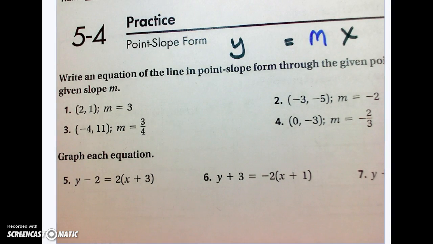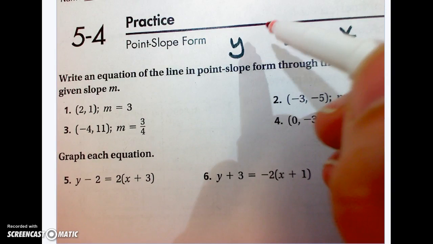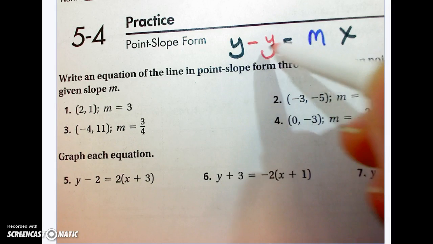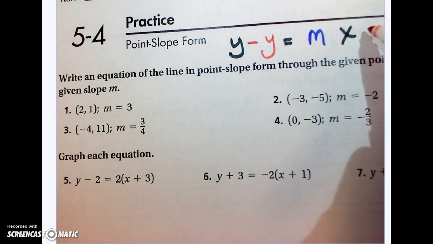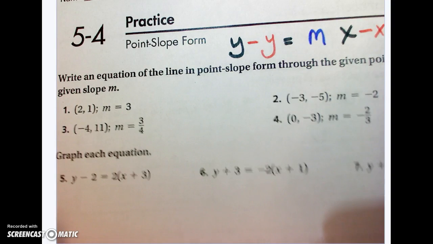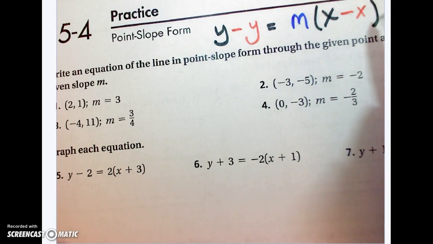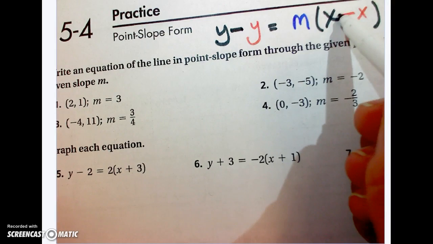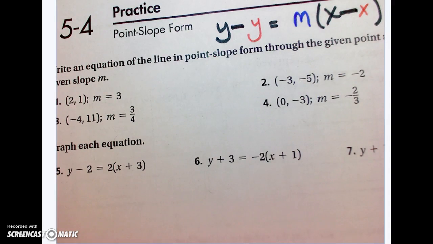But our point, here's the y, and our x. So we're going to subtract our point from our x and our y.